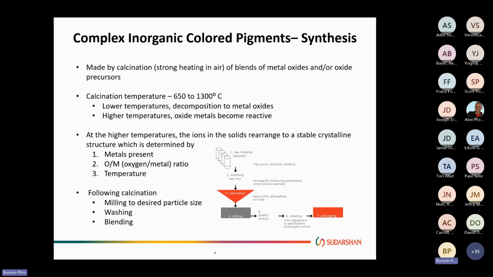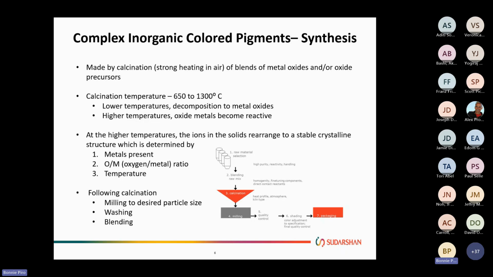How they're made. This is a continuous process that takes the metals and oxides and brings them together in a calcination process, which is really a very strong heating in an air environment of these blends of metal oxides.